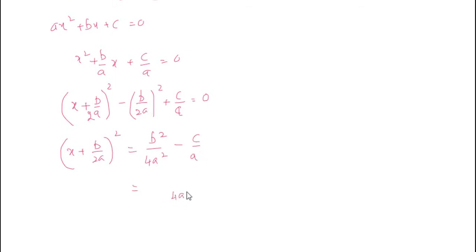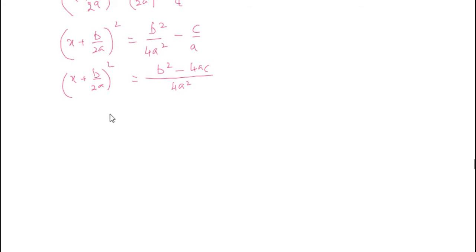Taking 4a square as the LCM, this becomes b square minus, you now multiply c with the 4a, so it becomes 4ac, and that is equal to x plus b by 2a whole square. Taking the square root on both sides, x plus b by 2a equals plus or minus square root of b square minus 4ac divided by 4a square.